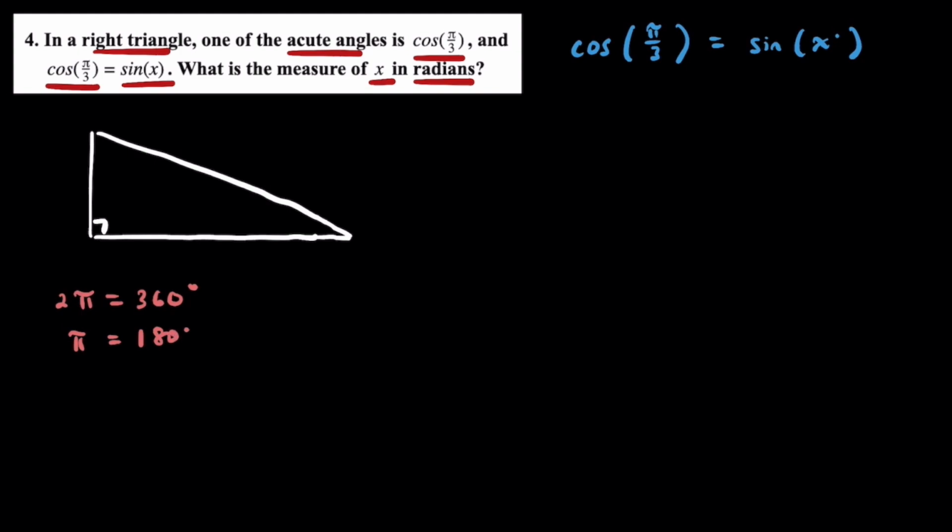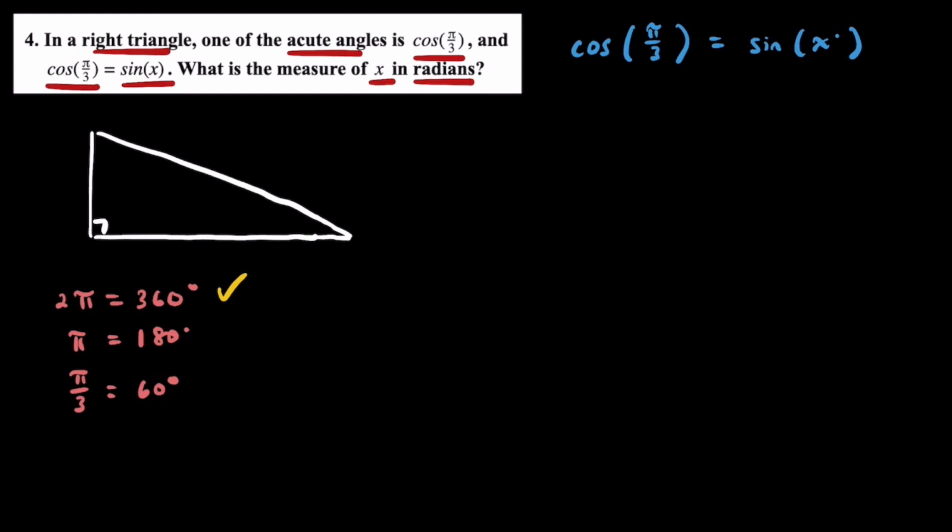Then if you wanted to know what pi over 3 is, you would just divide the pi by 3, and that's literally just pi over 3. Then divide 180 by 3, that would be 60 degrees. So I just like trying to memorize this one ratio, or just remember that 2 pi is equal to 360 degrees, and I can always use that and break it down into smaller ones, and I can always find out what the radians are in degrees.